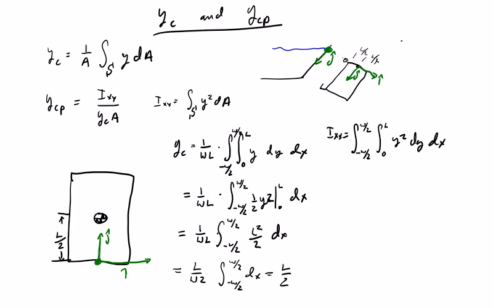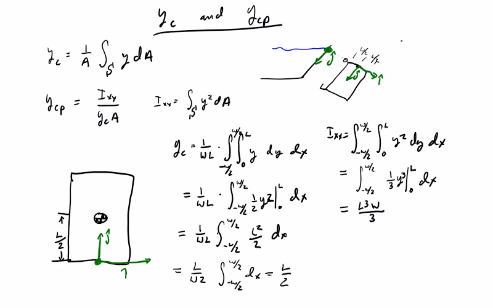Why do I do it this way? It's because I know there's a y, and so I'm going to have to integrate the y, and so this is the way I do it. So this is going to equal my integral from minus w over 2 to w over 2 of 1/3 y cubed from 0 to L, dx. This equals L cubed w over 3.